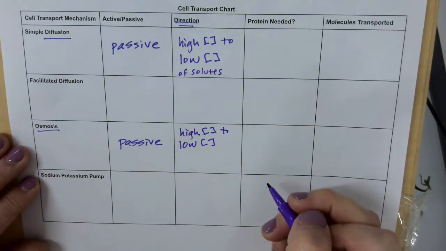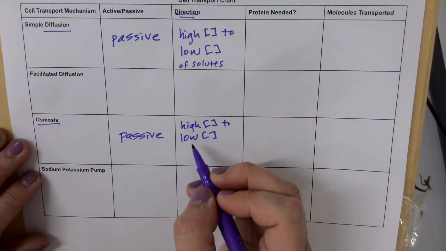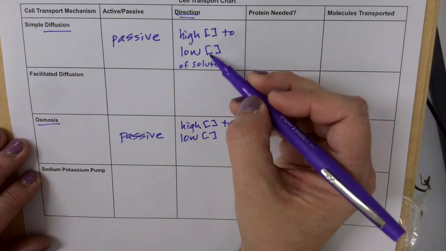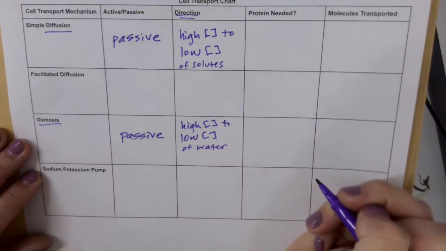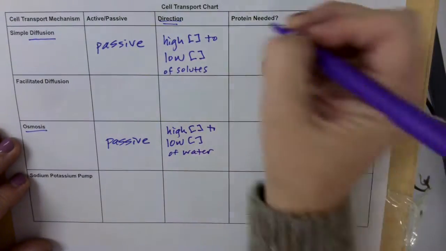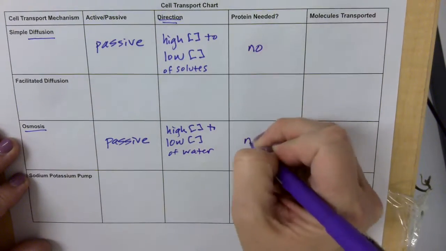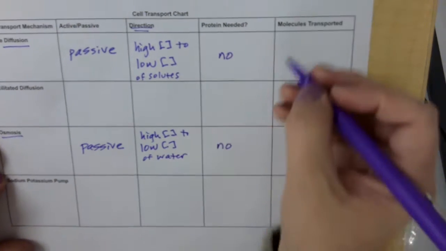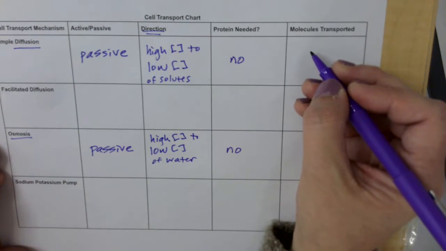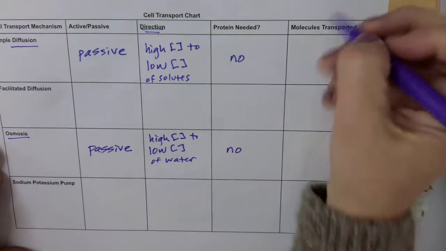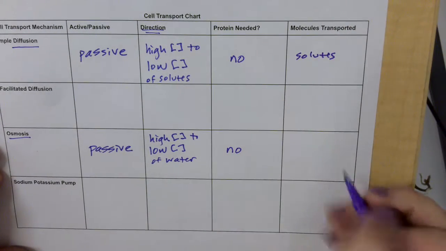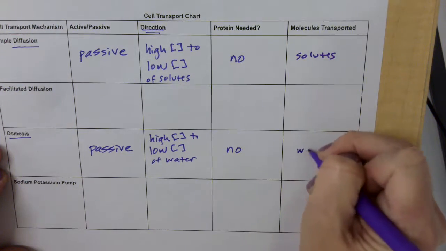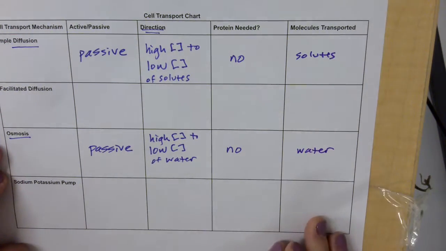These are solutes. Whereas osmosis is the same, high to low, but it's of water, okay? Is a protein needed? No, and no. What is actually transported across the cell membrane? This is actually solutes, okay? And then osmosis is water, okay? So we're done with those.